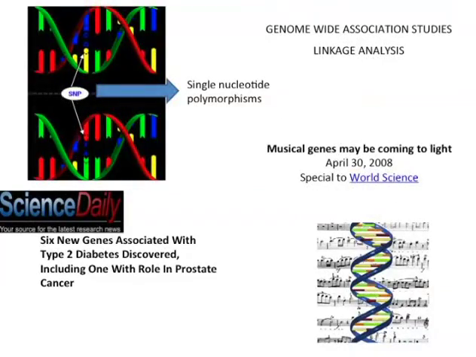And genetic technology is also used in what are called GWAS studies, genome-wide association studies, where they're really using these polymorphisms in different parts of the genome to try to figure out genes for things like diabetes and other common disorders, hypertension, things like that, based on GWAS studies and linkage analysis.